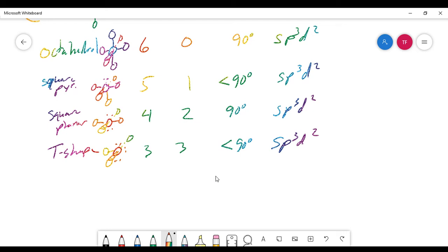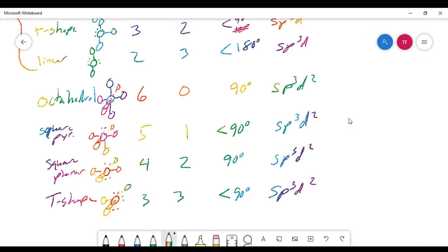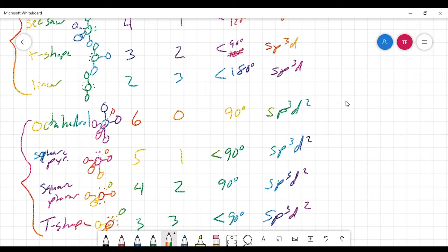Knowing these structures is really important because if you know their shapes, then you can predict whether the molecule is polar or nonpolar, and being able to predict whether molecules are polar or nonpolar predicts their physical and chemical properties and how they're going to behave with one another. So all four of these are related to each other because they all have 6 electron domains around the central atom.